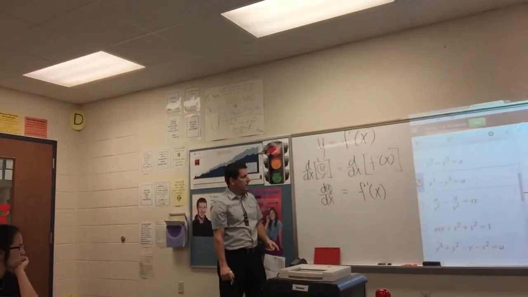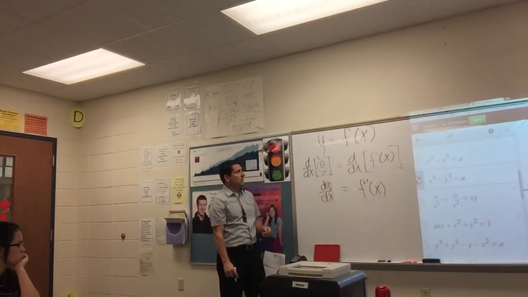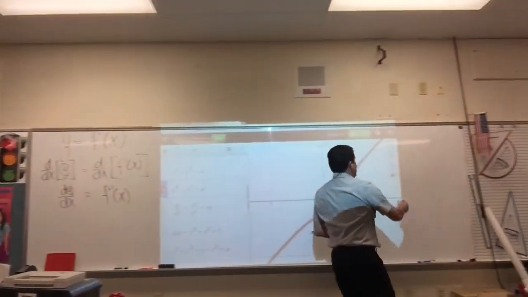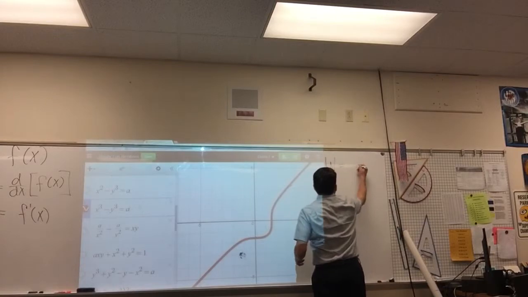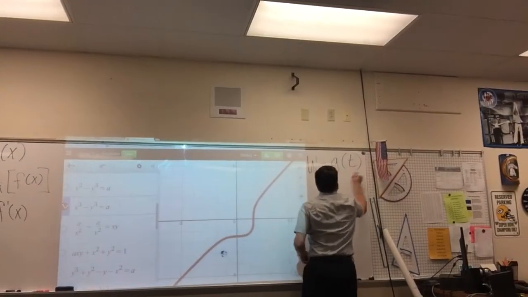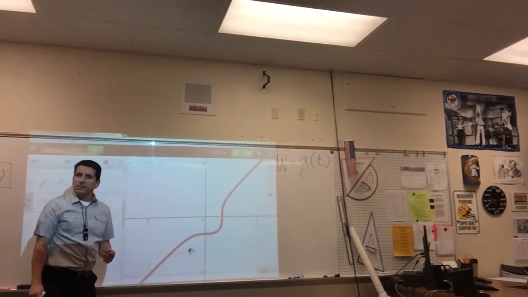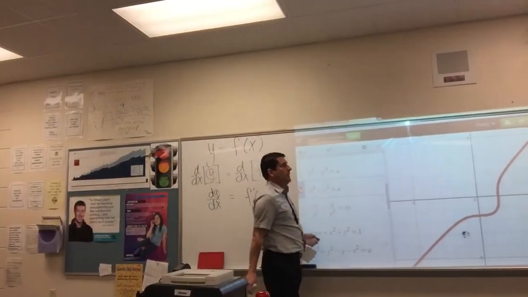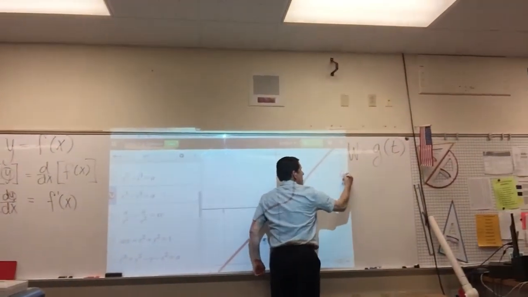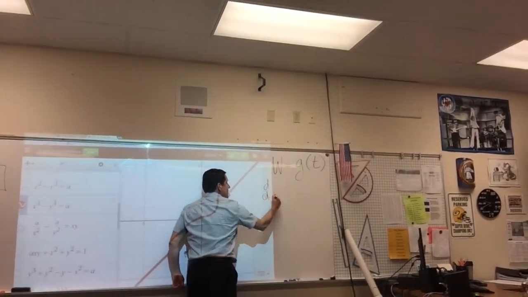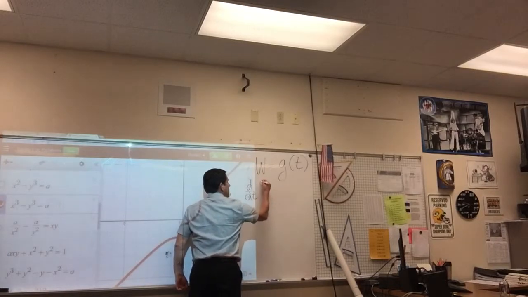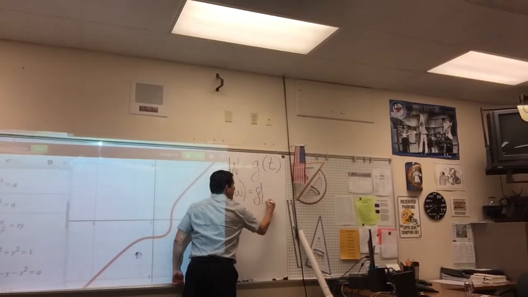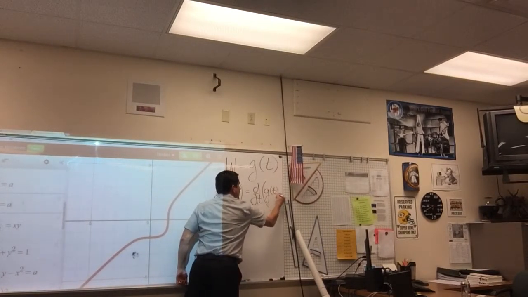We actually use this notation with other letterings. For example, if I have some function w is equal to g of t, using all different letters, and I say take the derivative of this, I would take the derivative of the left side, and we'll take the derivative of the right side.